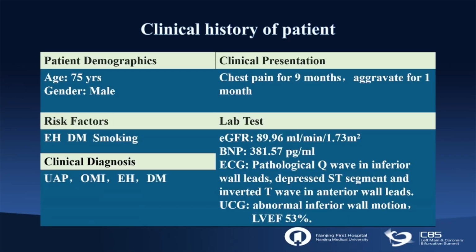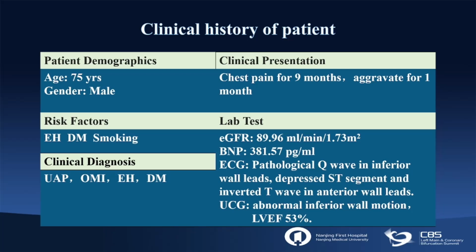Good morning, everyone. It's my honor to introduce this patient's clinical history. He is a 75-year-old male, with symptoms for 9 months and aggravated for 1 month. His risk factors for coronary heart disease are hypertension, diabetes, and current smoking. He has normal renal function. BNP is 381.